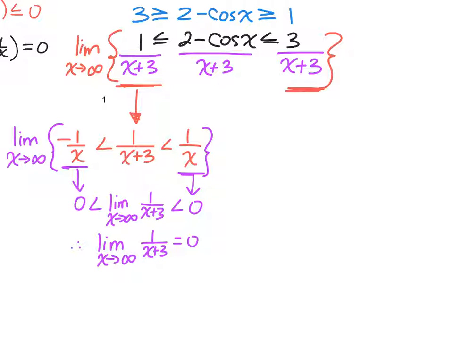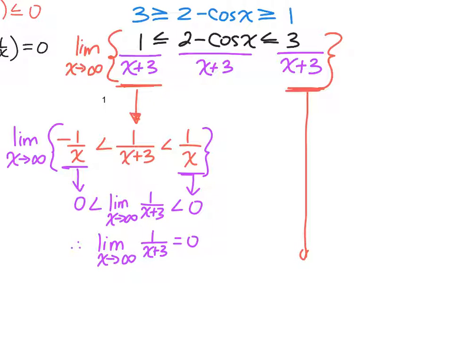All right? Now, by extension, I could also conclude that the limit as x approaches infinity of 3 over x plus 3 is also going to be 0, because that's just a constant multiple away from being the limit as x approaches infinity of 1 over x plus 3. So that one we could kind of jump to.